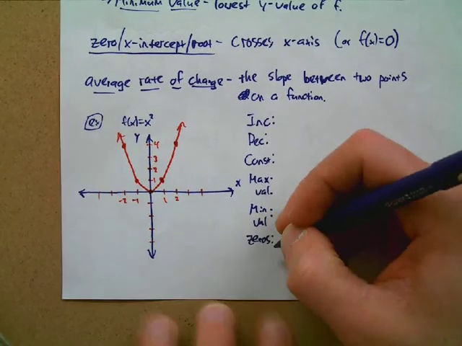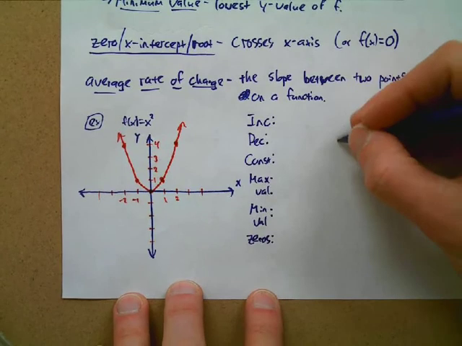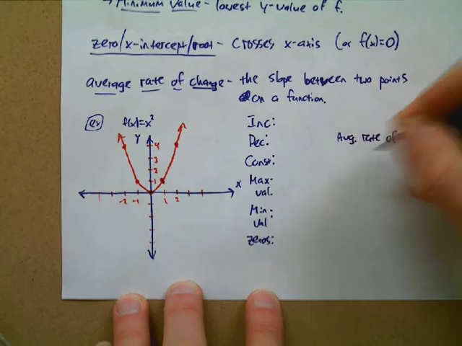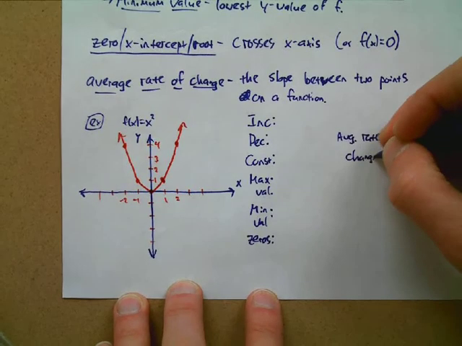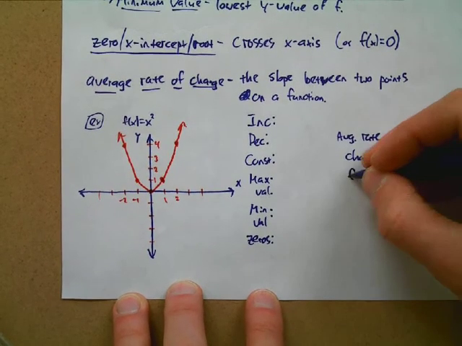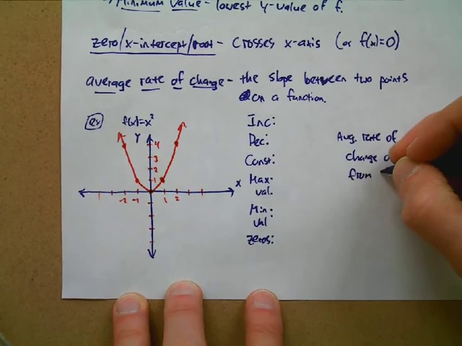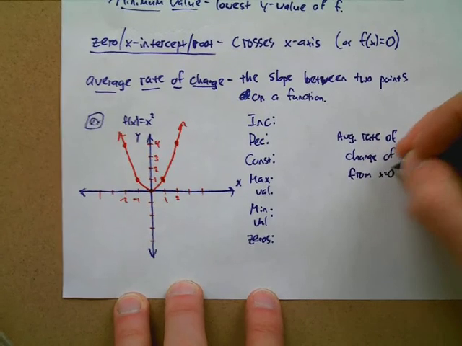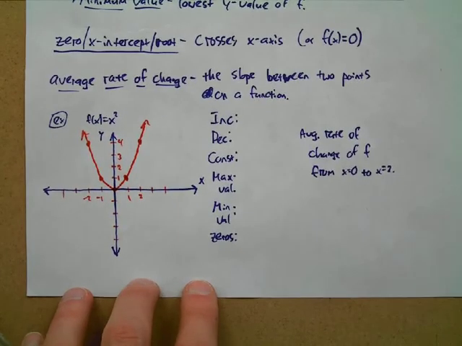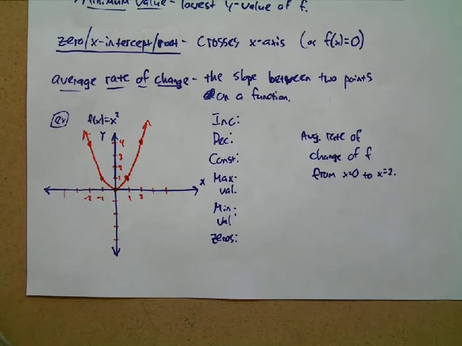And then we'll do the average rate of change of f from x equals 0 to x equals 2 as well. Here's a separate kind of calculation.